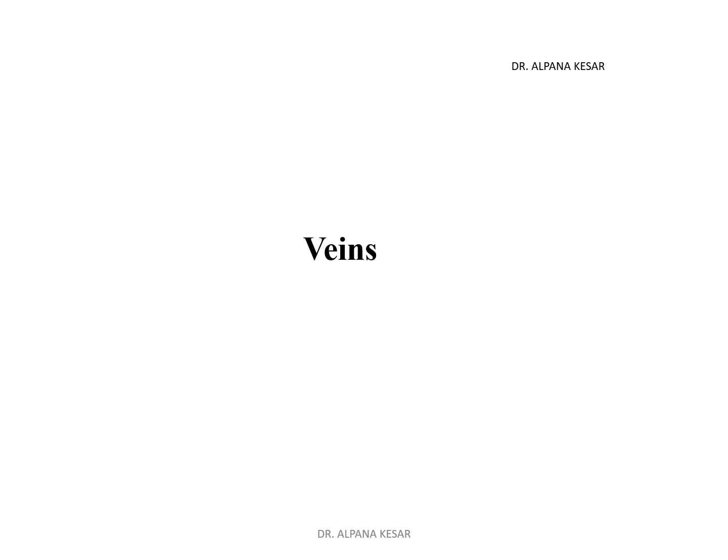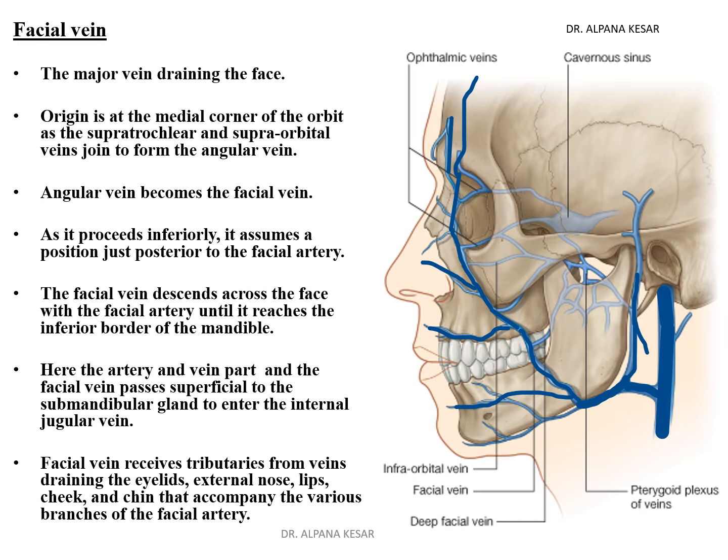Veins of the face. Facial vein. Facial vein is the major vein draining blood from the face. It begins at the medial angle of the eye. It is formed by joining of supratrochlear and supraorbital veins at the medial angle of the eye to form angular vein.